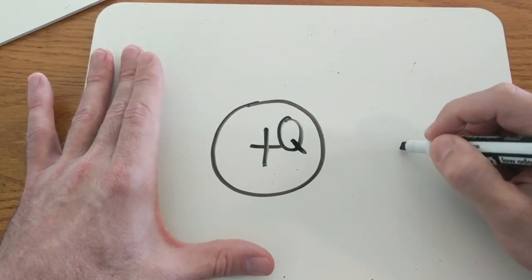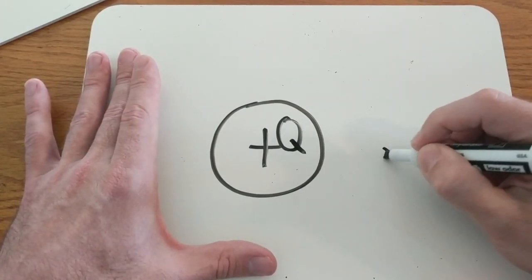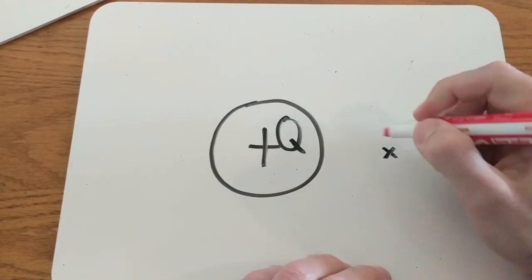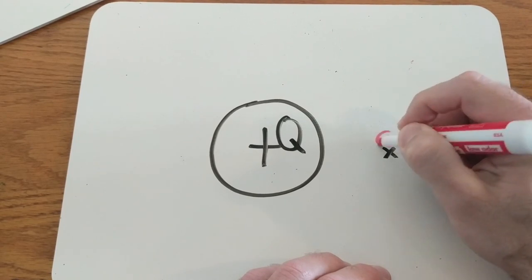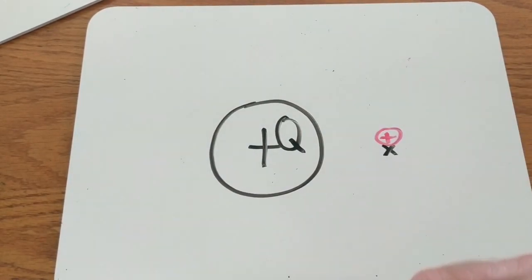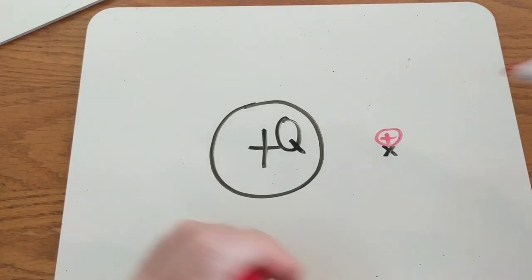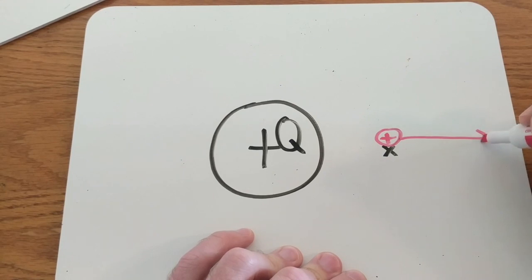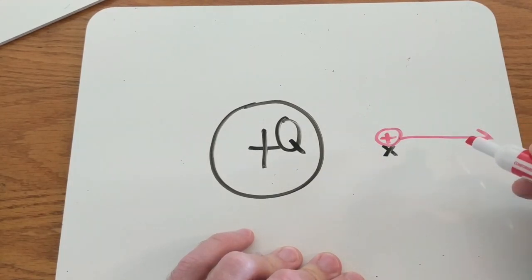Well, if I want to know what it looked like right here, I would place a small positive proton there. Now, if I put a proton there, and there's a big positive charge here, we all know it's going to be repelled, so it's going to go that way. And that literally is the direction of the electric field.